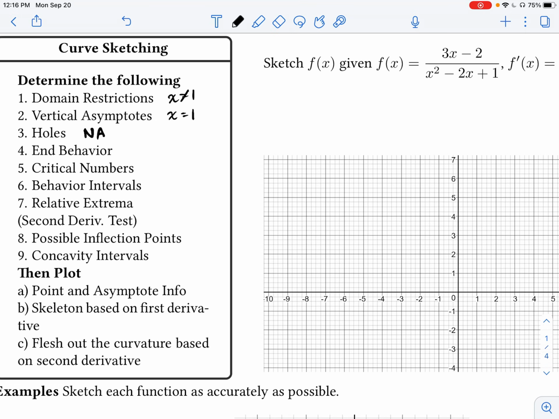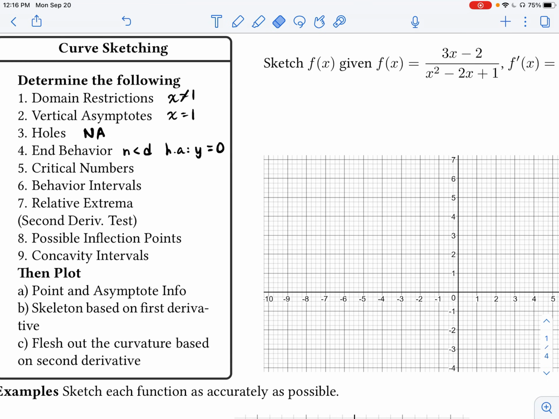But here, we can also apply what we know about the degree of the numerator compared to the degree of the denominator. This is a rational function. Since n is less than d, I know that my horizontal asymptote is going to be y equals 0. Alternatively, you could just find the limit of this function as x approaches positive or negative infinity, and hopefully you would see that it would be y equals 0.